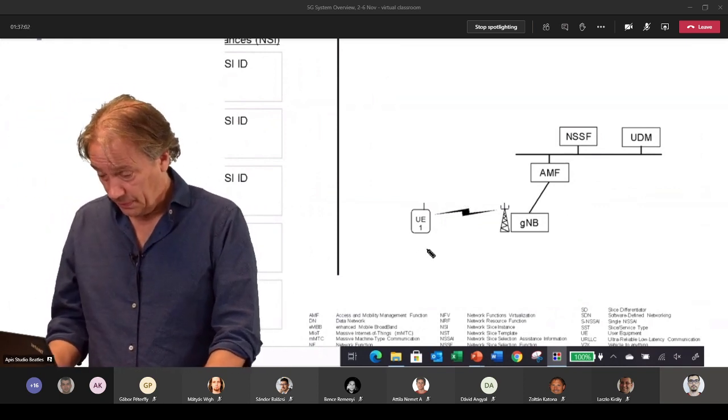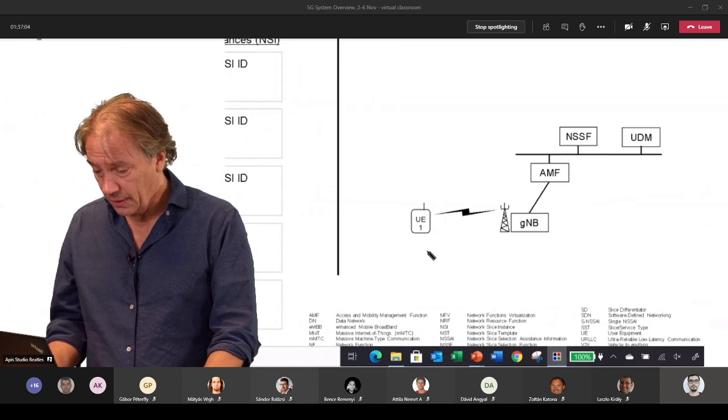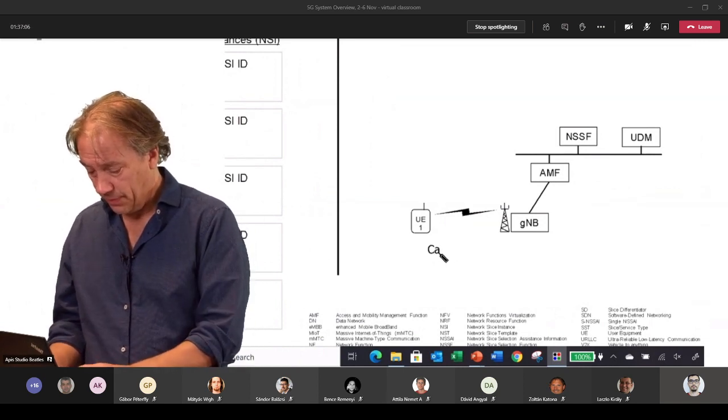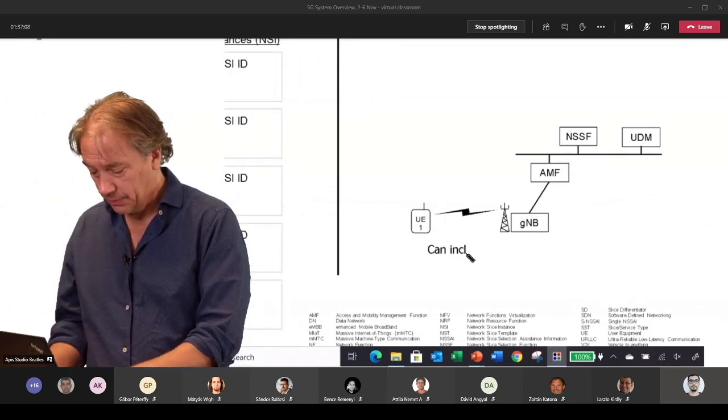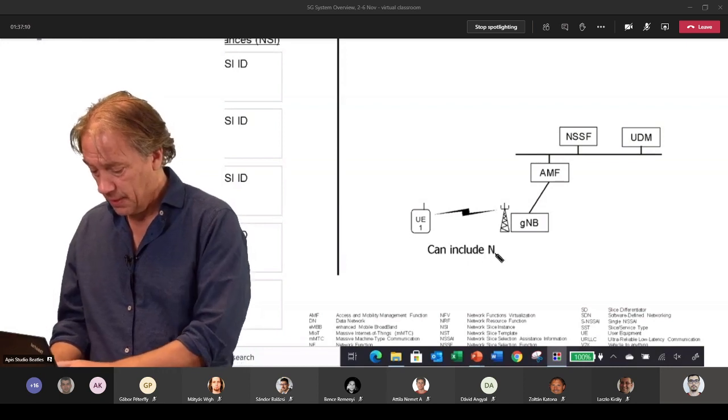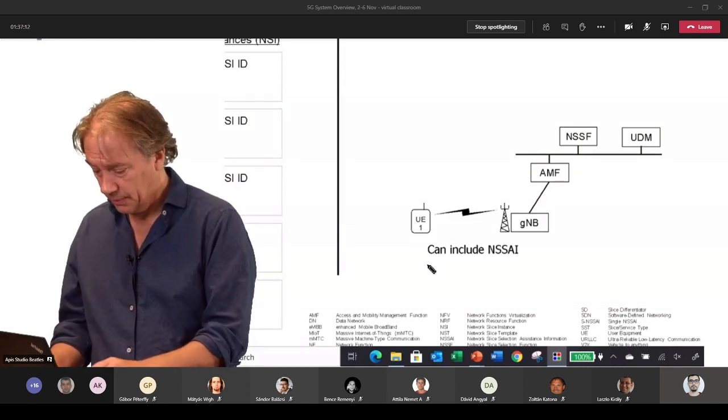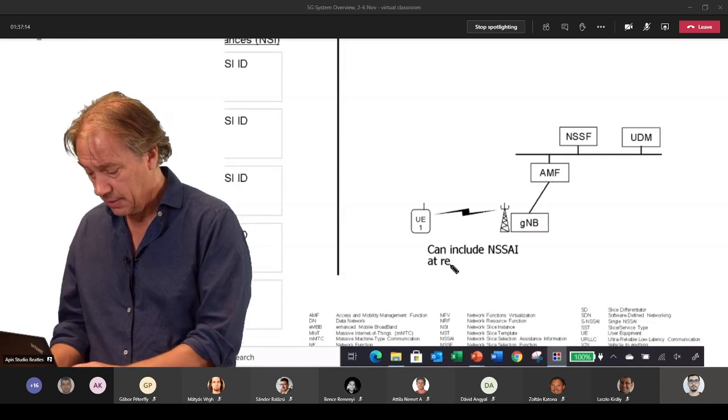So we can write like this: user equipment can include NSSAI.